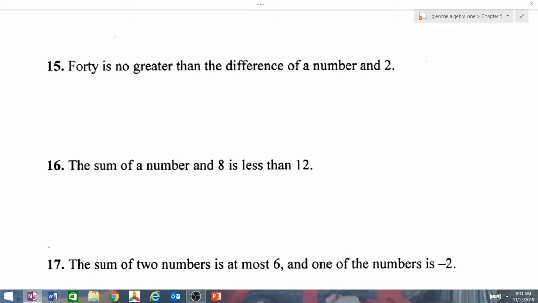How would I write that? 40 is less than or equal to N minus 2. That is correct. And then we can go ahead and solve it.